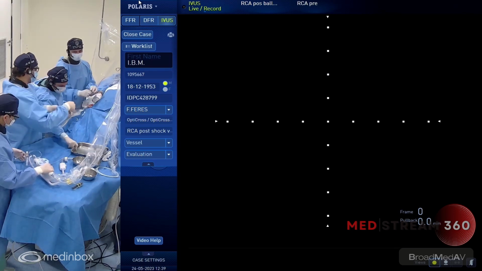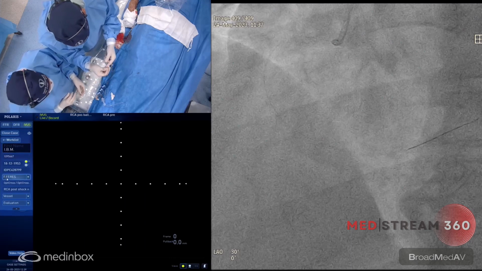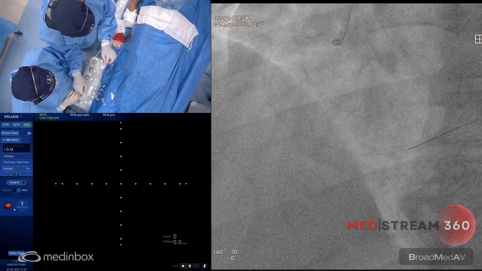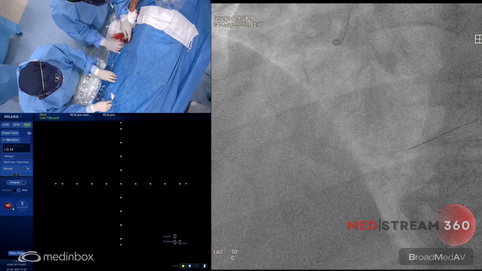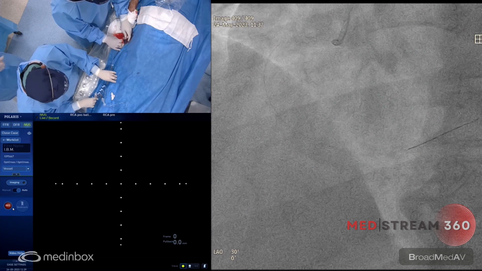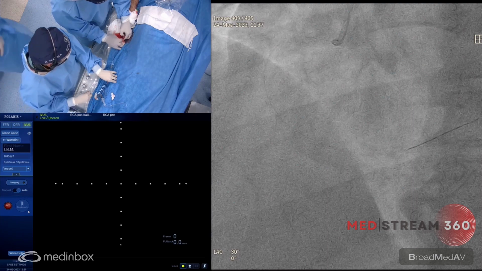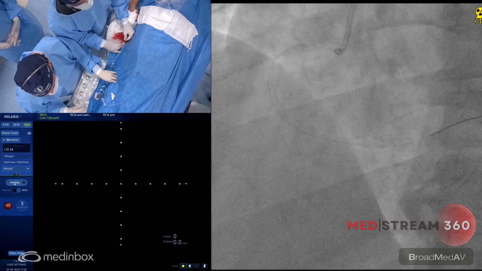After the IVUS catheter, he brought the IVL catheter that could not cross the lesion completely, only the proximal part, and tried many times with shockwave application. And now he brought a 3.5 balloon again and did another dilatation with 25 or 26, 27 atmospheres. And now he's going to bring the IVUS just to take a look in the lumen and to decide what to do.